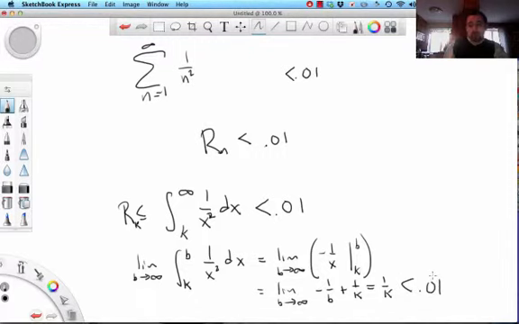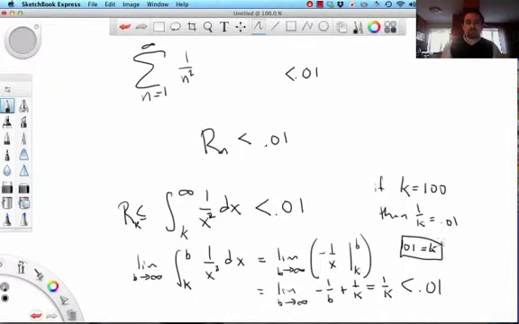So if k is equal to 100, then 1 over k is equal to 0.01. So I need k to be at least 101.